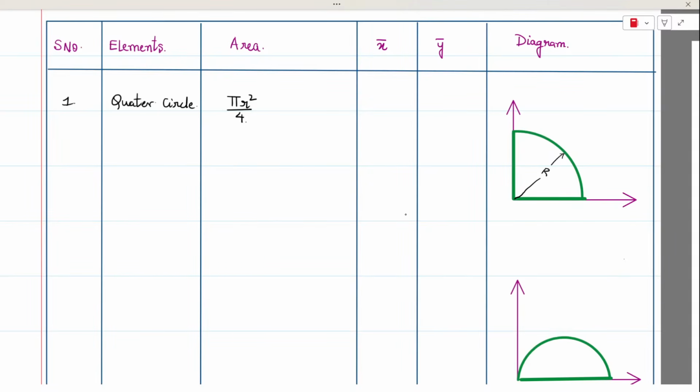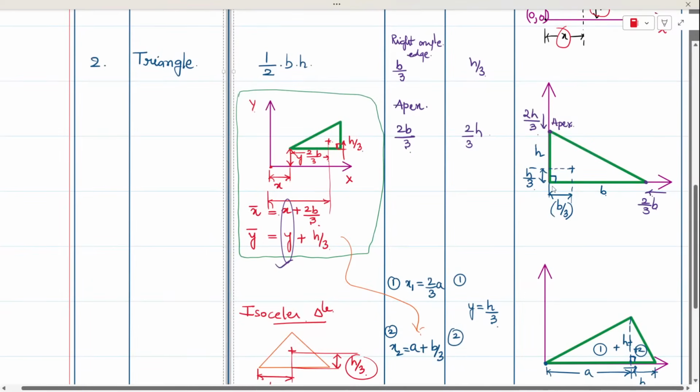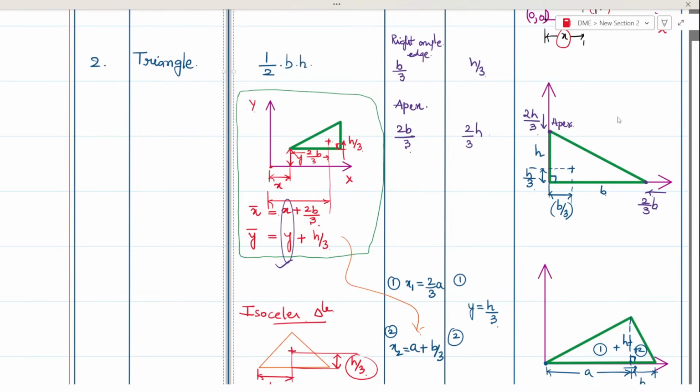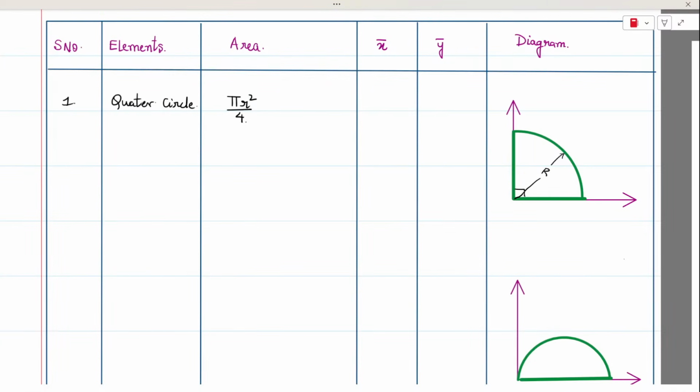Now, once again, we have to recall the approach, the same approach we have used in the right angle triangle. So, is the right angle vertex coincident with the origin in case of the quarter circle? Yes, we are finding that. If that is the case, then x and y coordinates will be located at the same distance.